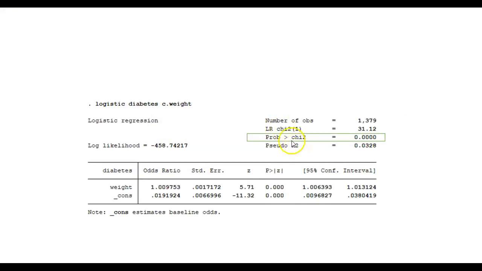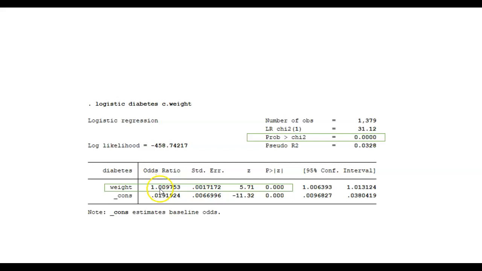So what do we have? First, is the relationship between weight and having diabetes significant? Yes, it's significant. Now, let's interpret this. This is also going to be important to look at right here when you're running multiple logistic regression analyses. In this case, weight is significant. So what does this mean? You'll notice this is a different label than what you would have seen when you're running linear or multiple regression analyses.